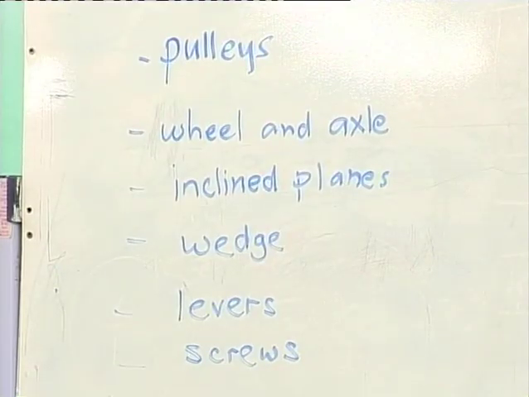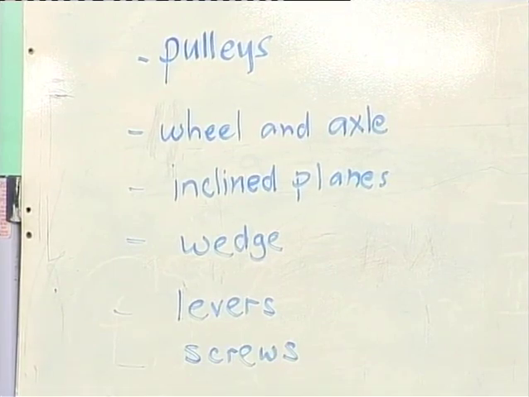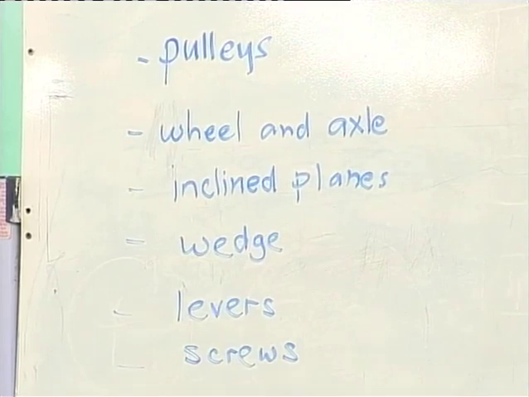These are all 6 different examples of simple machines that we can see around us.